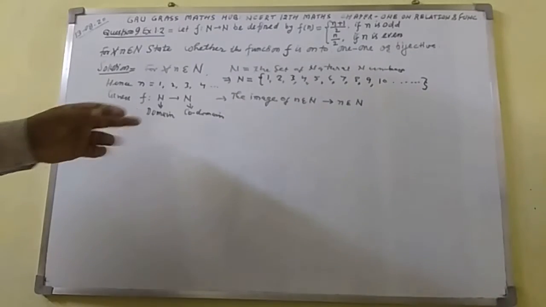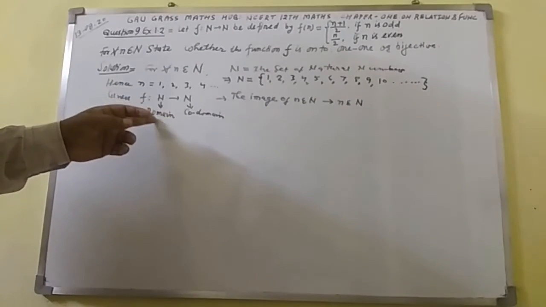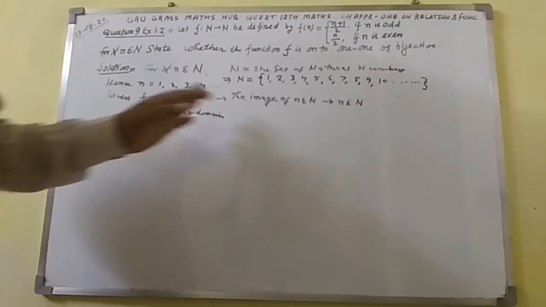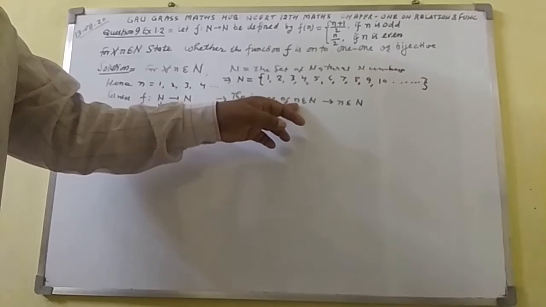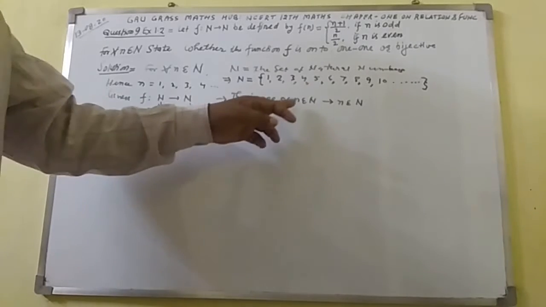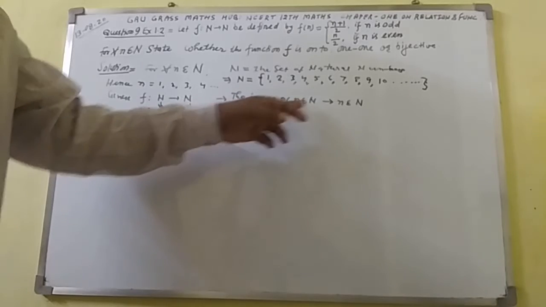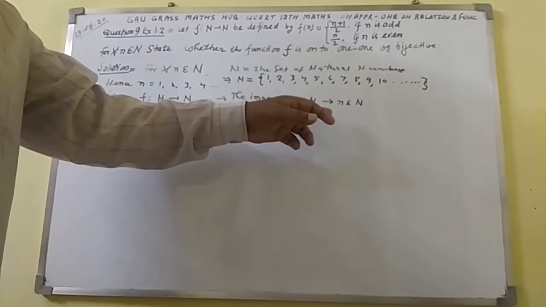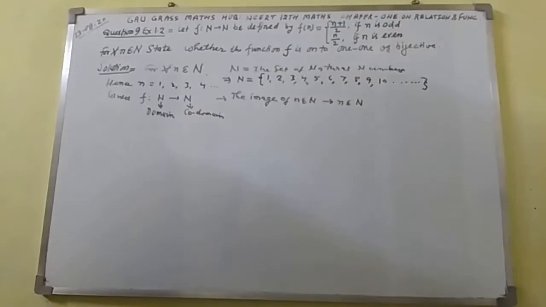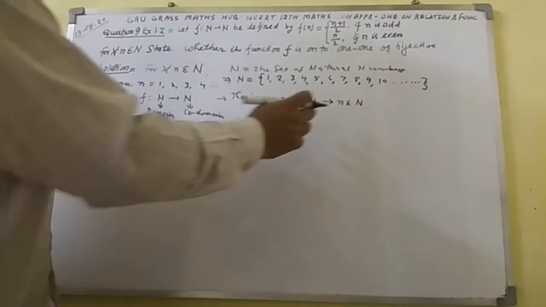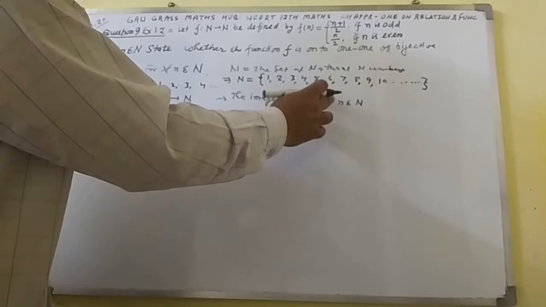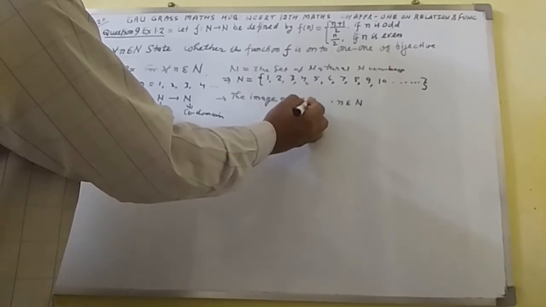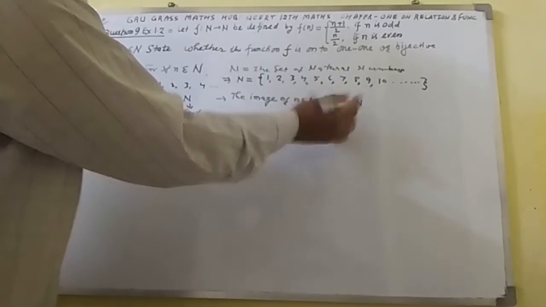So here you can see domain and codomain will be the same, because if I take small n belonging to capital N, the image of small n will be small n belonging to capital N, that is the codomain.